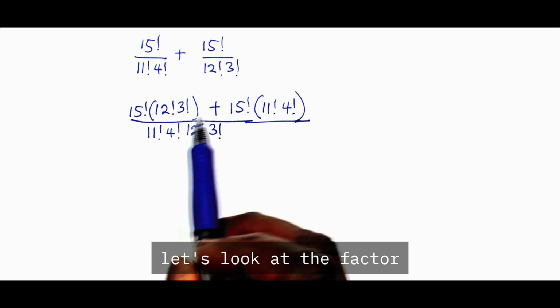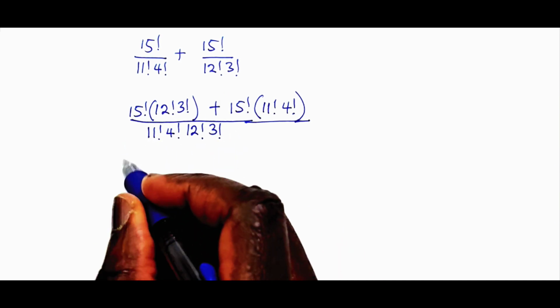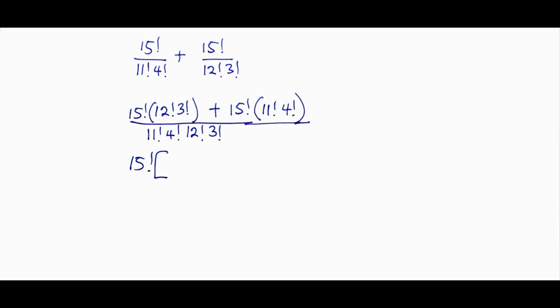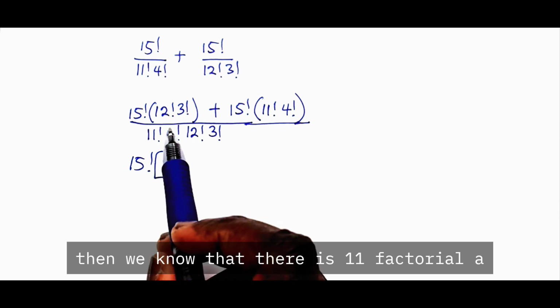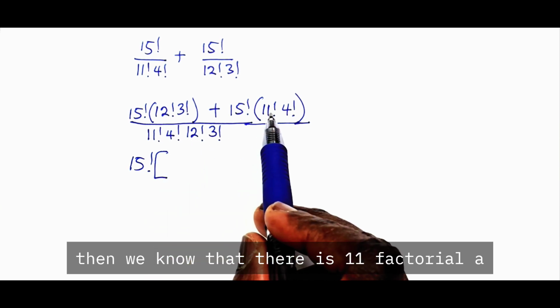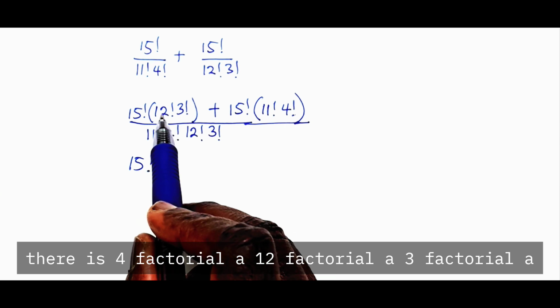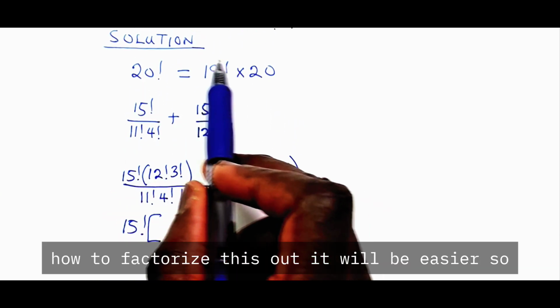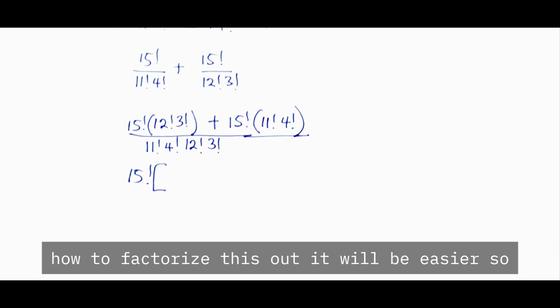Let's look at the factor. 15, let's take that out, 15 factorial. Put that in the big bracket. Then we know that there is 11 factorial here, 4 factorial here, 12 factorial here, 3 factorial here. If you are able to know how to factorize this out, it will be easier.